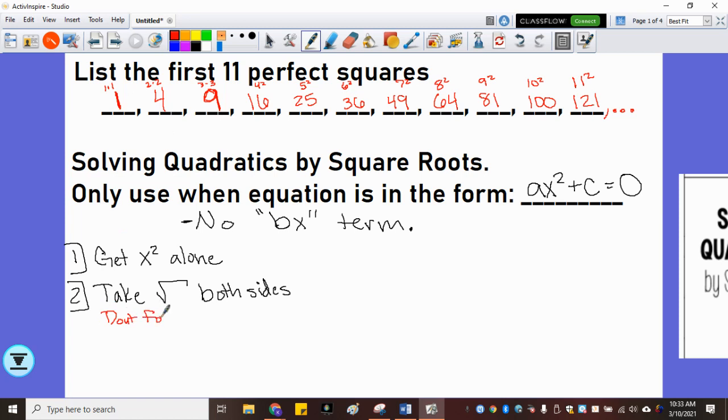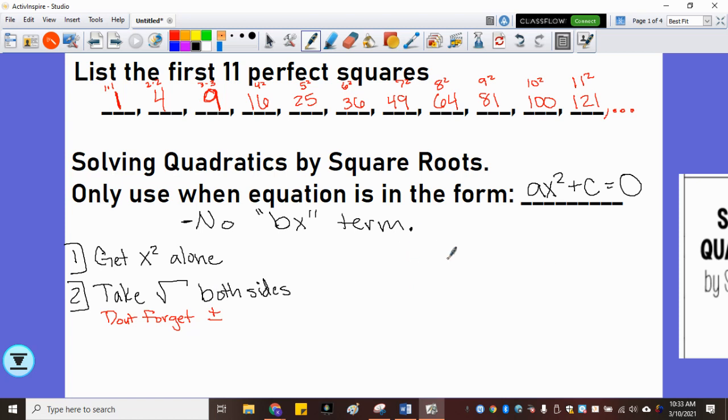Don't forget plus or minus. That's it. So it's just solving equations.